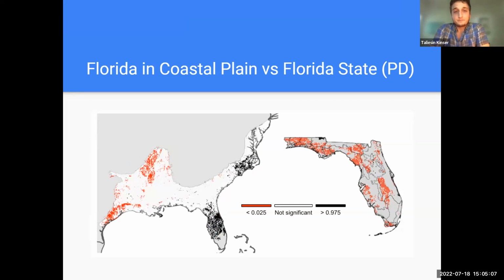So, for example, in this case, when you're considering the entire geographic extent of the coastal plain, all that region and all the species there, Florida has a very high amount of PD, phylogenetic diversity, relative to the rest of that region, which is not too surprising, because we know that Florida has so much diversity, especially considering this region, and a lot of the species within this region are concentrated in Florida.